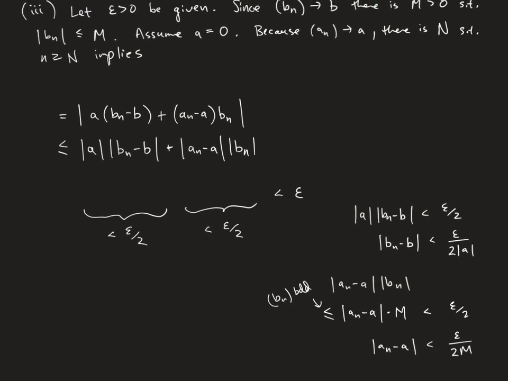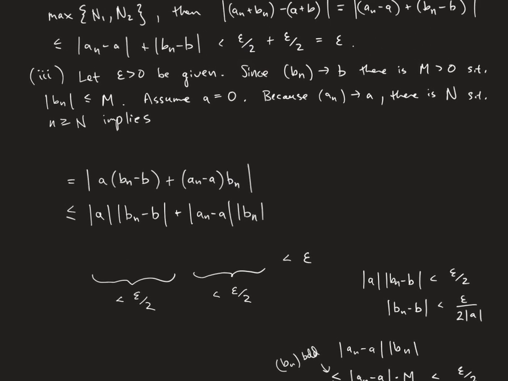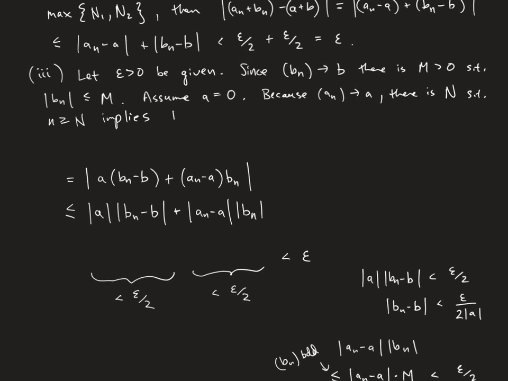We need |a_n - a| less than epsilon over 2M. So if n is bigger than or equal to N, the difference between a_n b_n and ab, well, since a is 0, this is just a_n b_n.